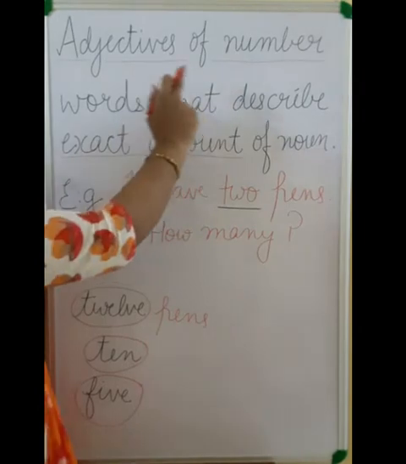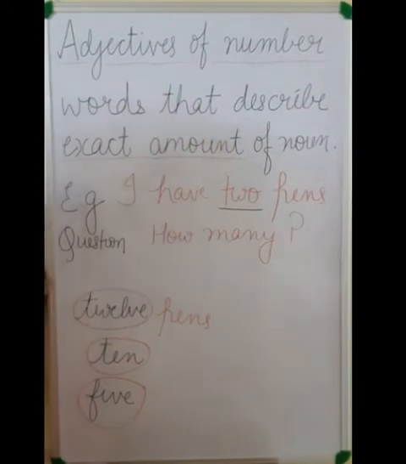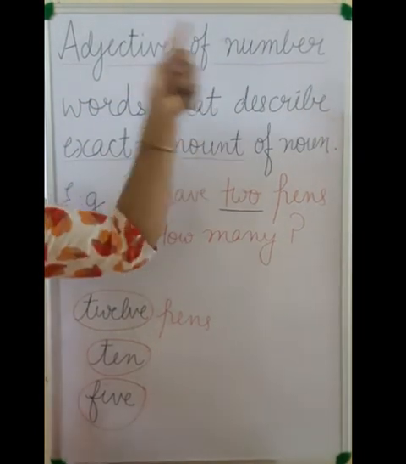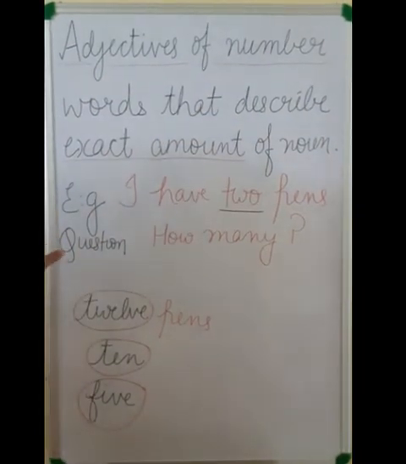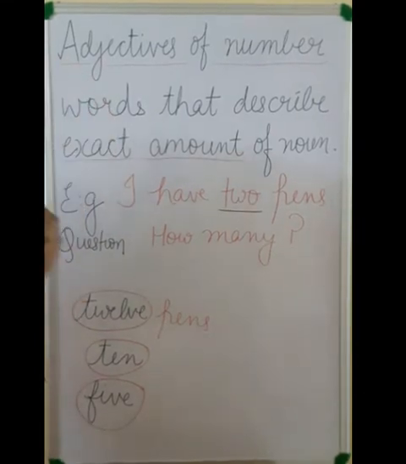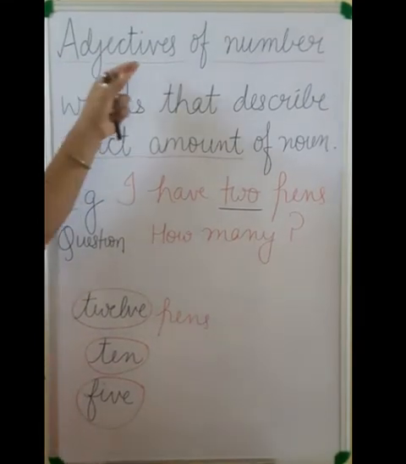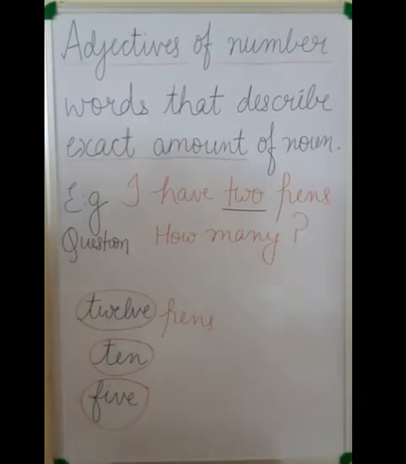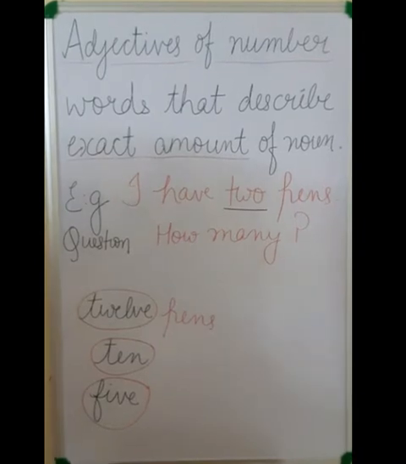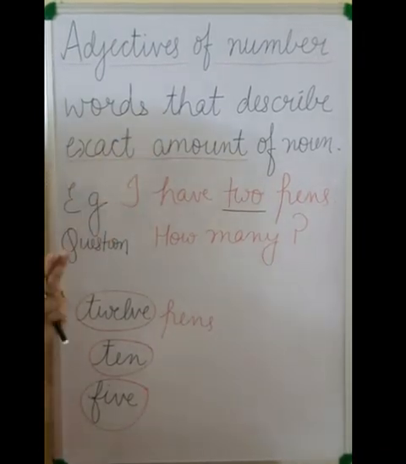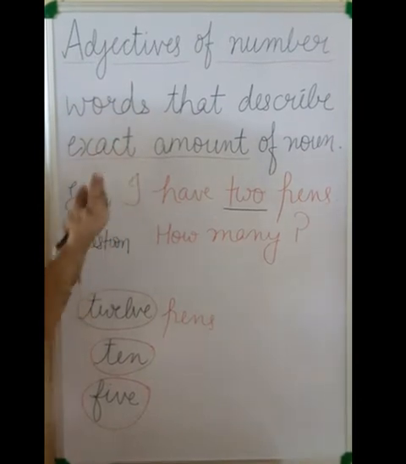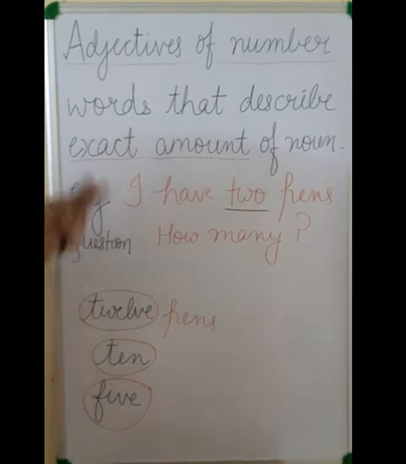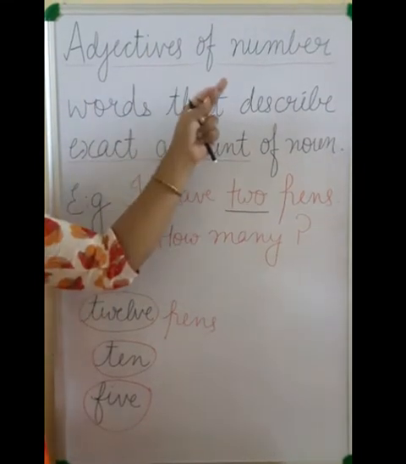So what is the difference between adjectives of number and adjectives of quantity that we learned earlier? Adjectives of number tell us the exact amount, it is the number, it can be the position also, like first, second, third, fourth. Adjectives of quantity tell us how much quantity you have. It doesn't tell you the exact amount. We use words like enough, more, less, little, some. You got the difference between adjectives of number and adjectives of quantity?